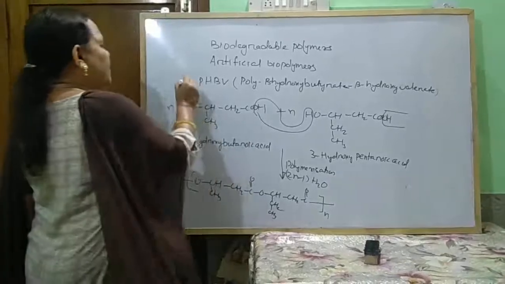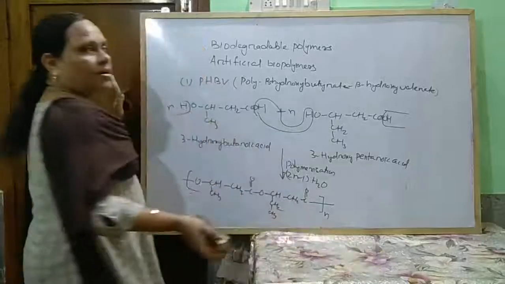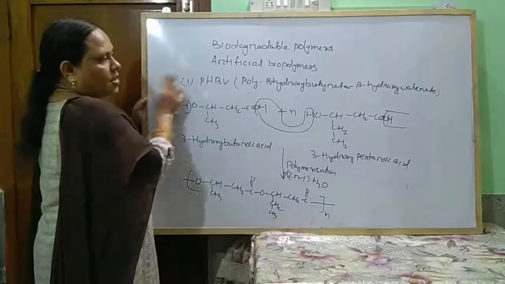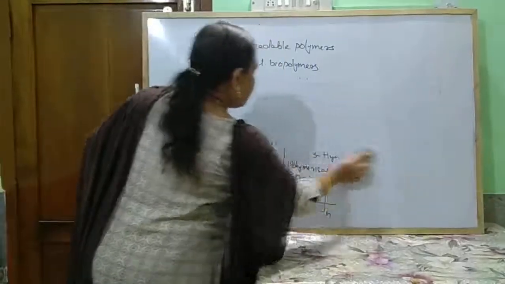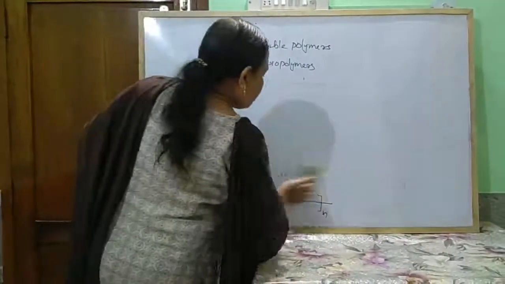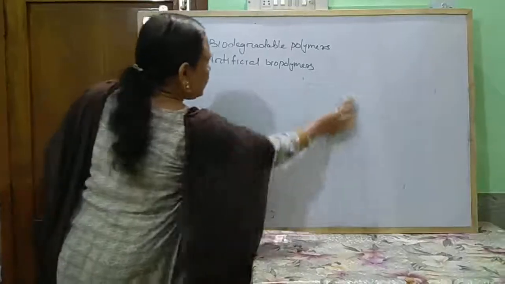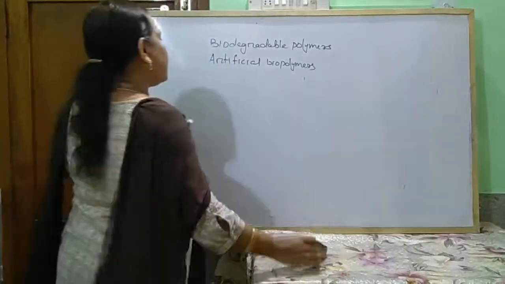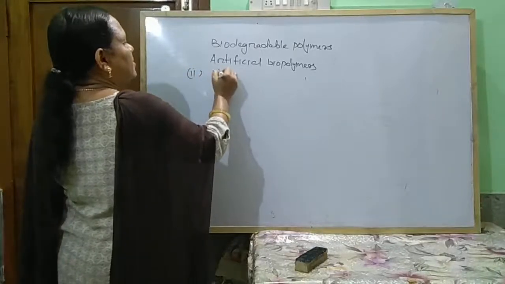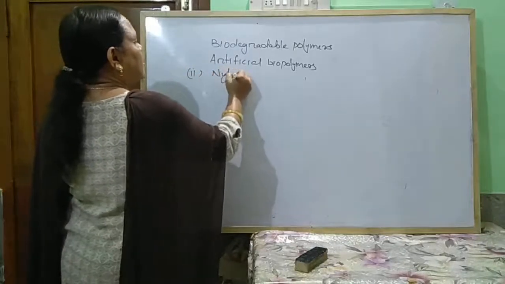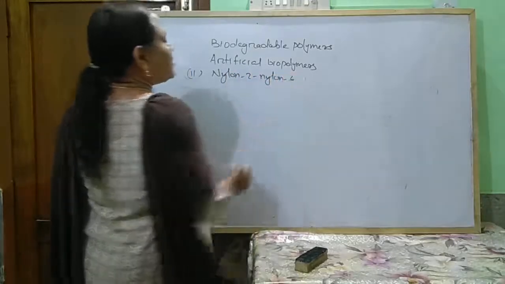Next, come to another example of biodegradable polymer, that is nylon 2, nylon 6.